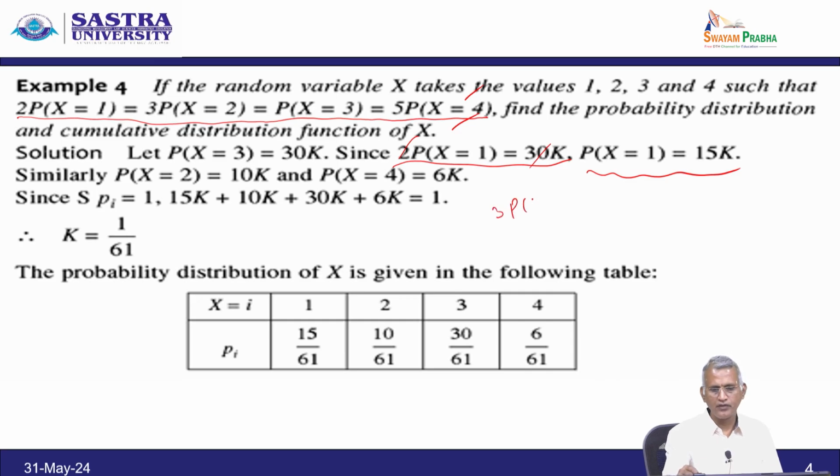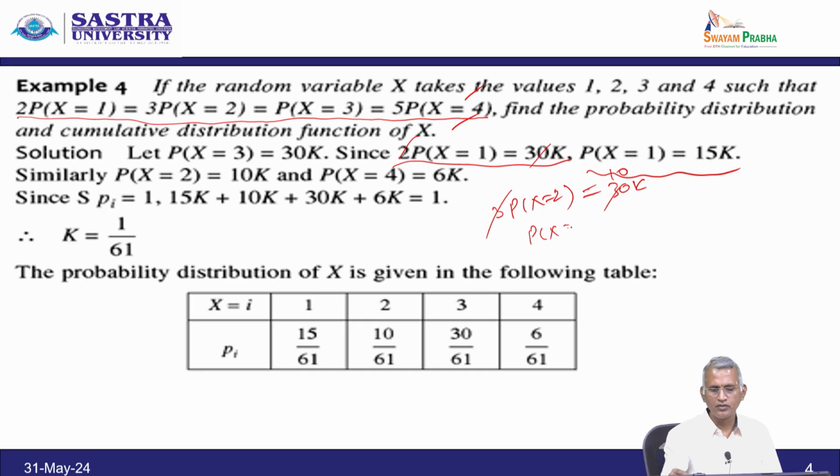3 into P(X=2) equals what? 30k, because 30k is equal to P(X=3), and dividing this, 10 times k.